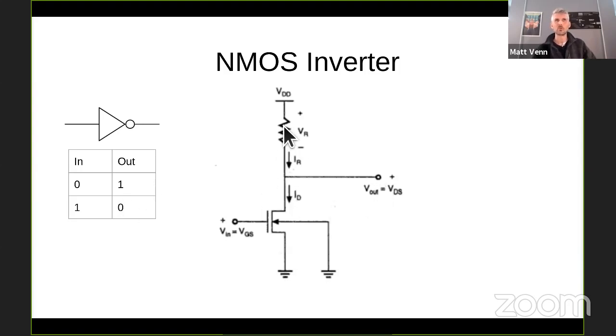One of the problems with NMOS, and the introduction to VLSI book is all based on NMOS technology, is efficiency, because when this is pulled down, this resistor is always conducting, so it's always dissipating a tiny bit of heat. But because you've got millions of them in a chip, it makes a lot of heat. And we all know from our hot computers and hot phones that cooling is a problem.